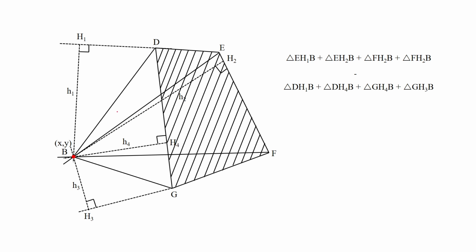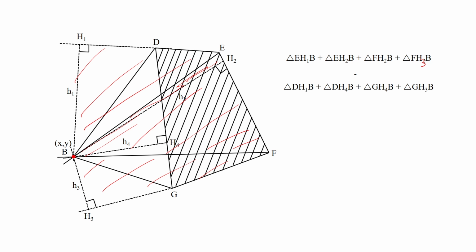Here you can see this right angle triangle, E H1 B, and then this triangle, E H2 B. Then we have F H2 B, this whole triangle over here, and then F H3, this should be F H3 B, I am sorry about that. That means this triangle. So, this will be the whole area under all this, from this point B to H3 to G, F, E, D and H1.